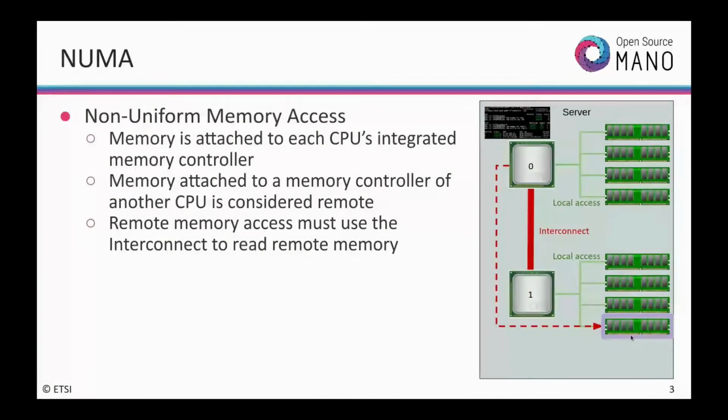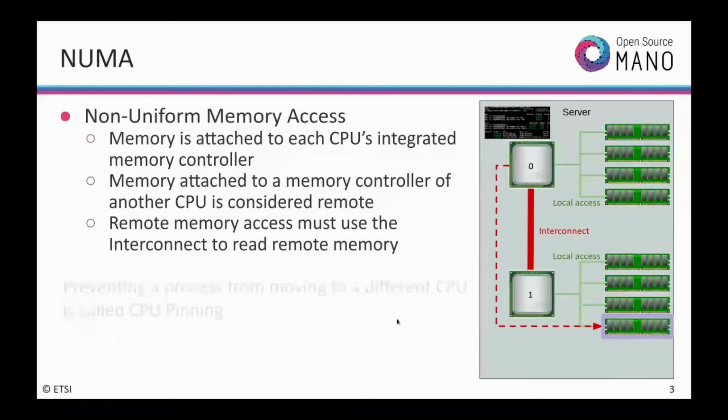This all basically comes down to physics. There are certain limitations on the speed of electricity and the speed of light that come into play when this interconnect is invoked. But each nanosecond can make a difference in a high performance system.